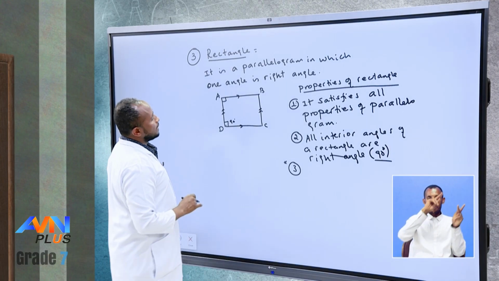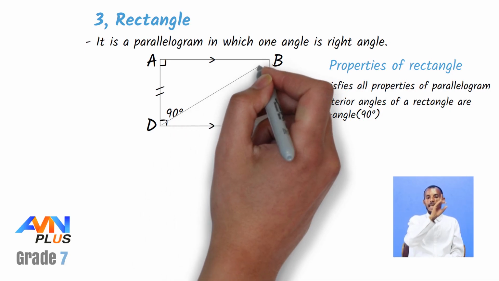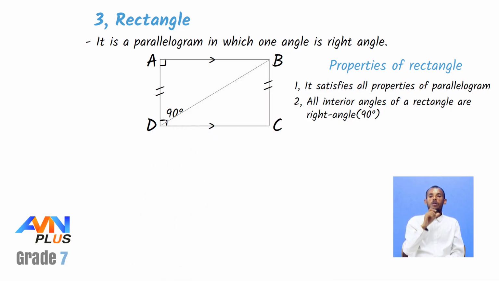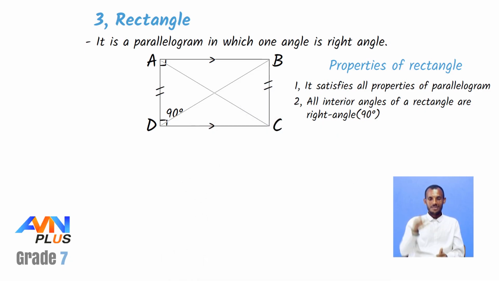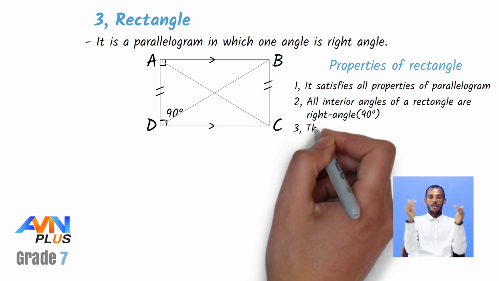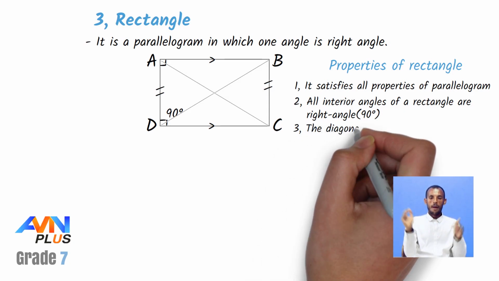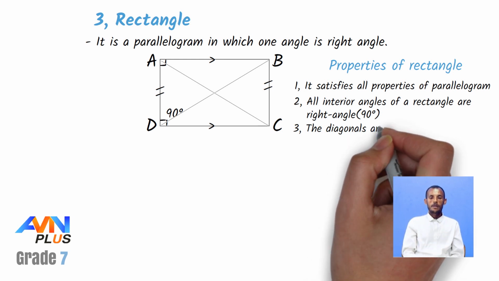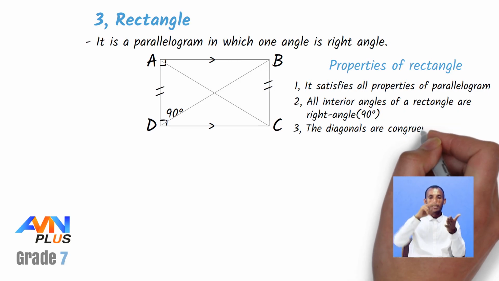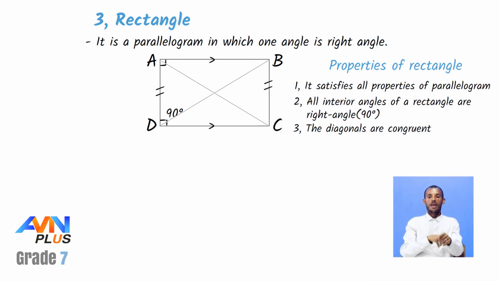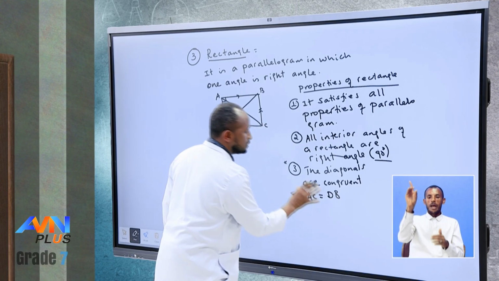In the case of a rectangle, the diagonals not only bisect each other, but they are also congruent. This means the length of diagonal AC is the same as diagonal DB. This is for a rectangle.